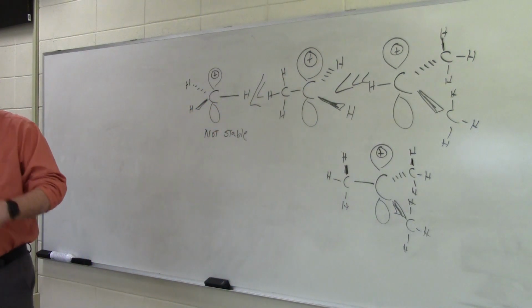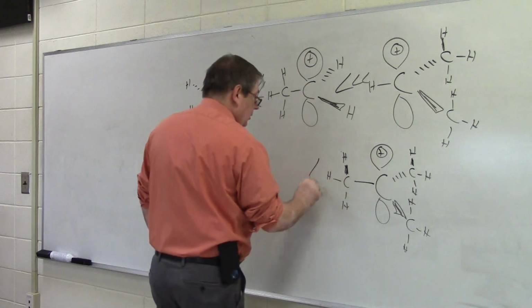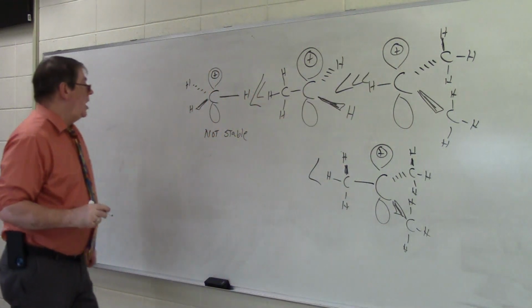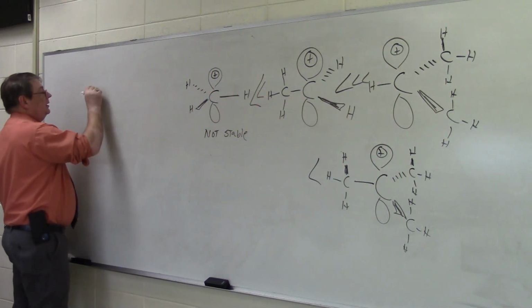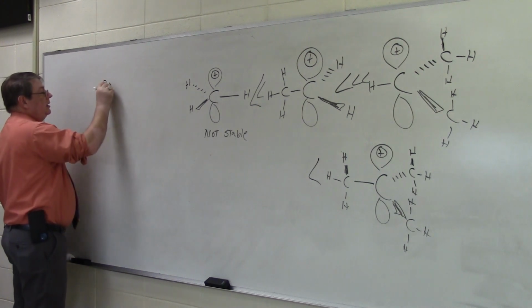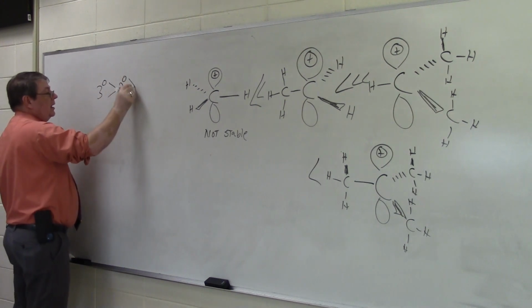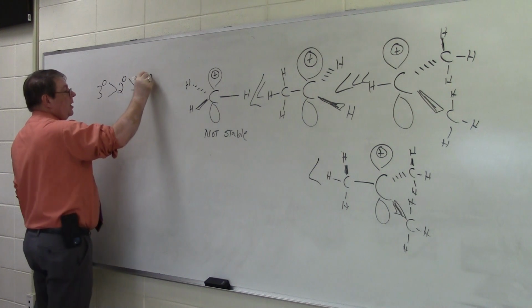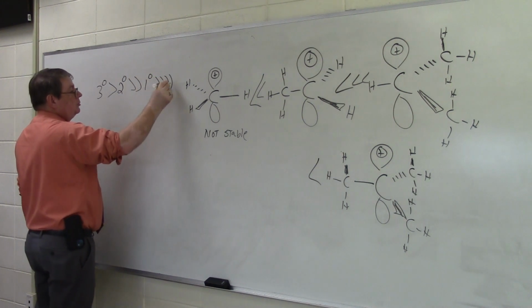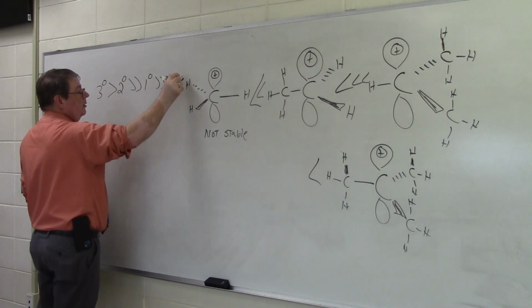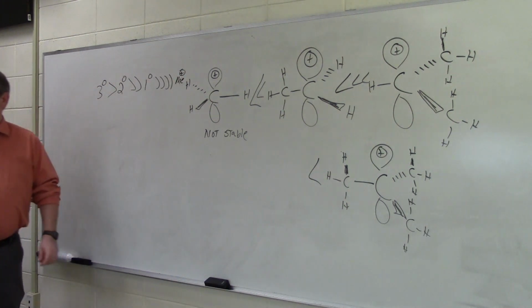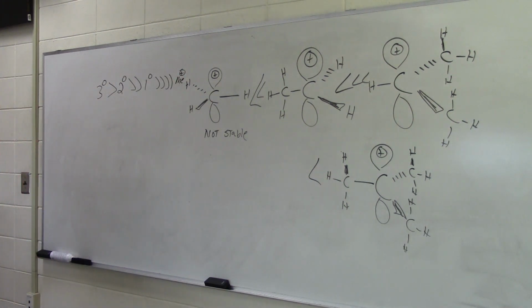And so that's actually even more stable than that one, all right? So we know that the order of stability is tertiary, more stable than secondary, much, much more stable than primary, much, much, much, much more stable than methyl. Okay, so the more substituents we have on that carbocation, the more stable it is.